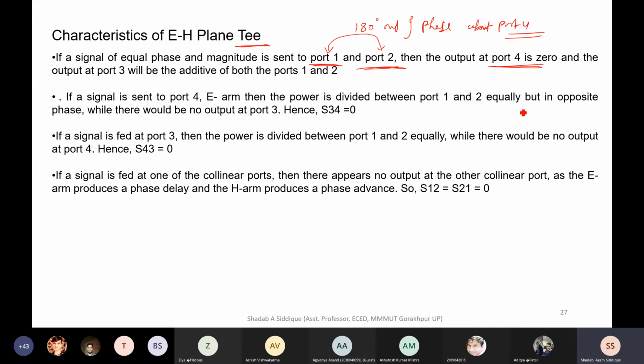Okay, because they are 180° out of phase, and the output at port 3 will be additive of both ports. So if you take output at port 3, it will act as additive. Okay, so they are in the same phase. At port 3 they are in 0° phase about port 3.